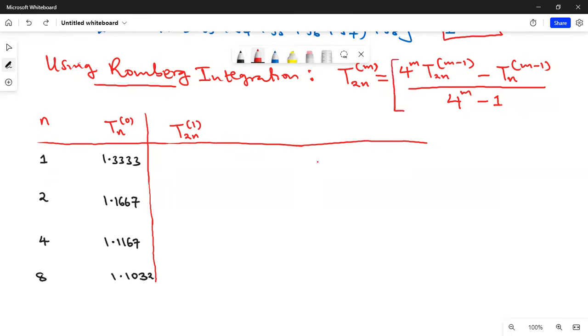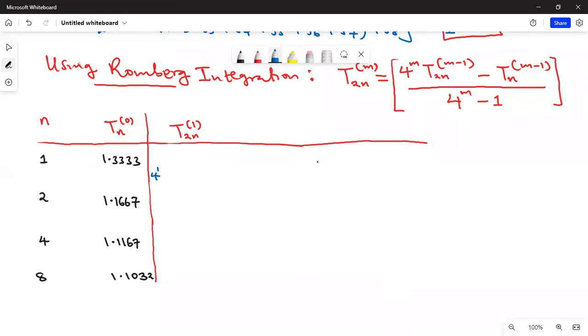So let me use this bracket. It means what I need to write here is 4 raised to 1 times T2n at level 0. Remember, n is 1, so at level 0.